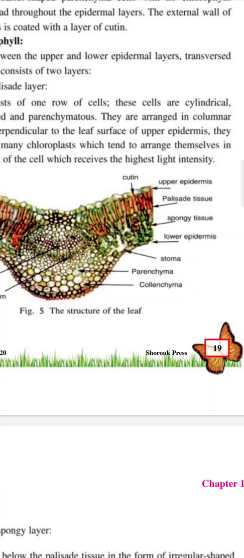First, the upper epidermis. The upper epidermis is composed of one row of parenchyma cells with no chlorophyll. Stomata are spread between them, and the outer wall is covered with cuticle. So the upper epidermis and lower epidermis have no chlorophyll, and stomata are spread between them to allow gas exchange.